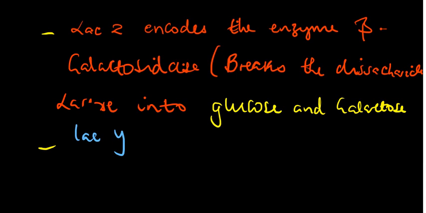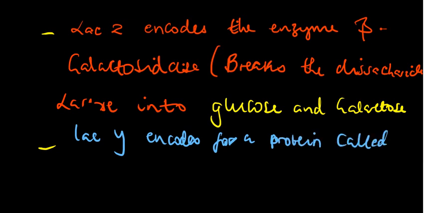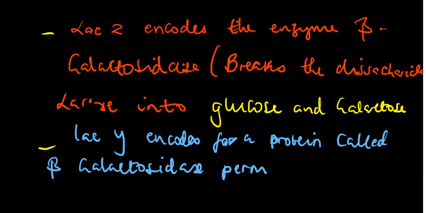So it encodes for a protein called beta-galactoside permease.